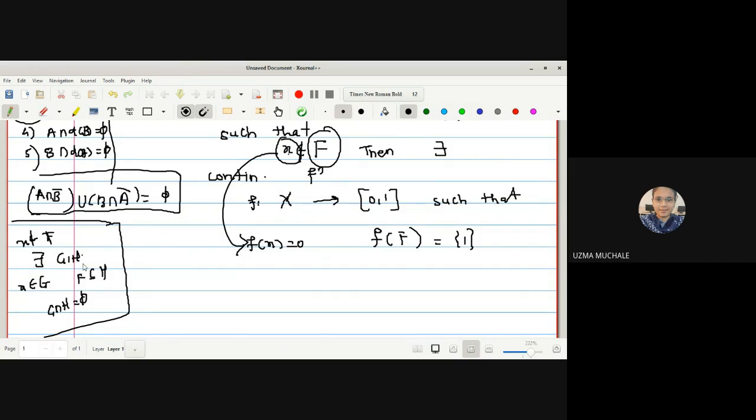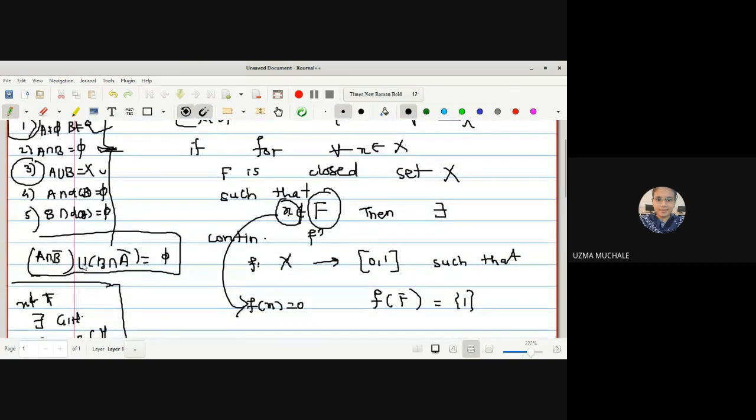The starting is the same: F is a closed set which does not contain the point x, and this is true for every element of X. So for every element, we can have a closed set which does not contain the point x, then there exists a continuous function. So here we should know the definition of a continuous function. We have seen this: we have to find G star and G, the two open sets, in such a way that f of G is contained in G star.